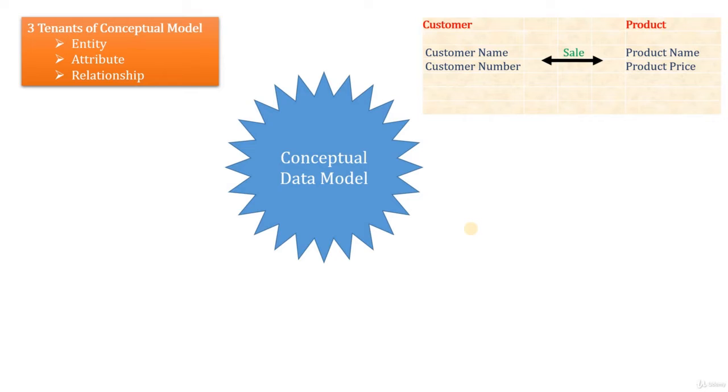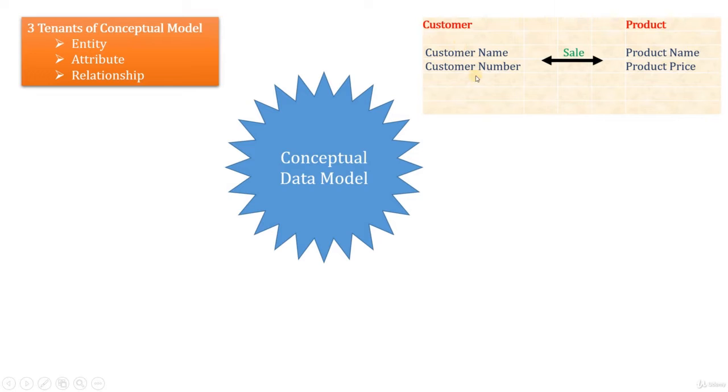Please pay attention: the customer number and the customer name are the attributes from the customer entity. Similarly, the product name and the product price are the attributes from the product entity. So, sale is the relationship between customer and the product. These two are connected by the sales, called the relationship.